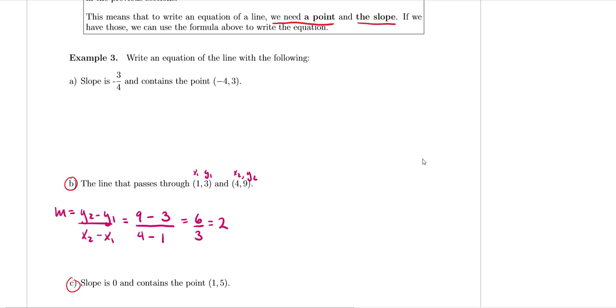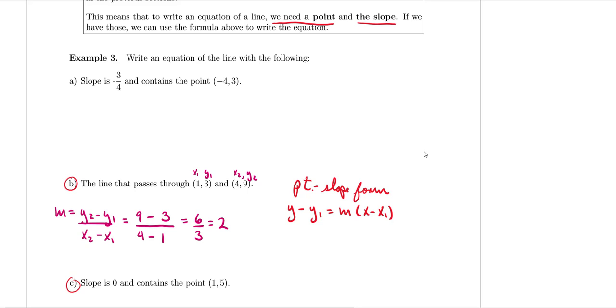Alright, so we have the slope. Now let's put everything into the slope-intercept form, which I'll write again here. I'm sorry, the point slope form. Point slope form is y minus y1 equals the slope times x minus x1. Okay, so we already have the x1 and the y1, and we already have the slope.